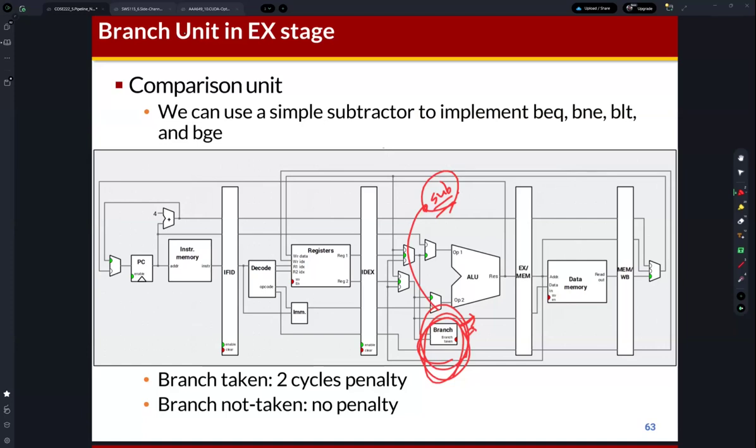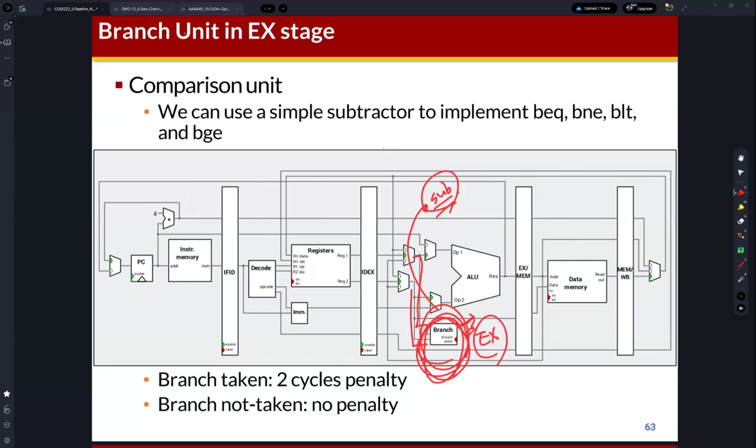So we can make the dedicated branch unit in the EX stage, and this dedicated branch unit receives the forwarded value, like the ALU, from the data forwarding multiplexers.